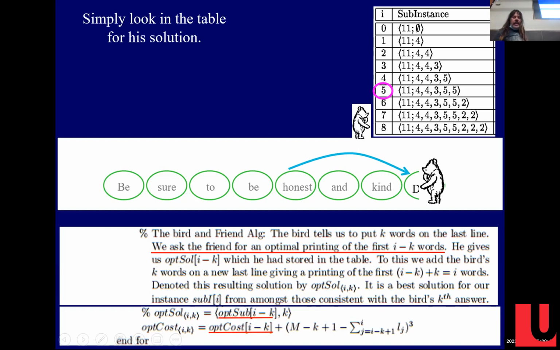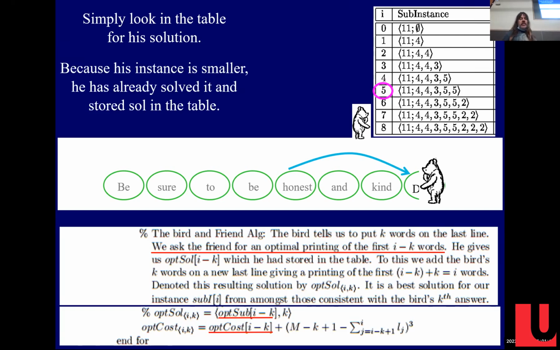His optimal solution is in the table indexed by I minus K. Here I'm printing 8, and we backed it up to 5. Remember that? And here's Pooh Bear. He needs to print all the way to the end. He's Mr. 8, and his bird told him to back up 3 words. Everybody see that? Either way, our friend is I minus K.